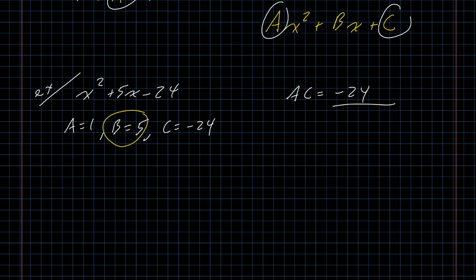If b were a negative number, I would choose my factors so that the larger number was negative. So for example, I could write negative 24 as 1 times negative 24, or as negative 1 times 24. Because b is positive, I do not want the version that has the larger negative number. I do want the version that has the larger positive number.